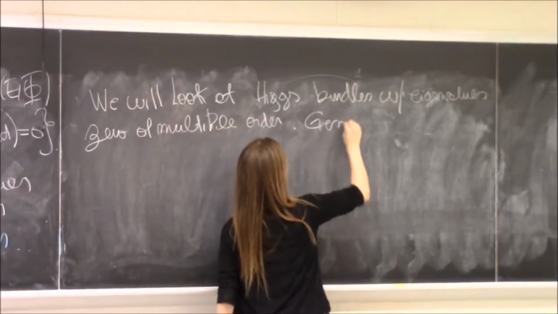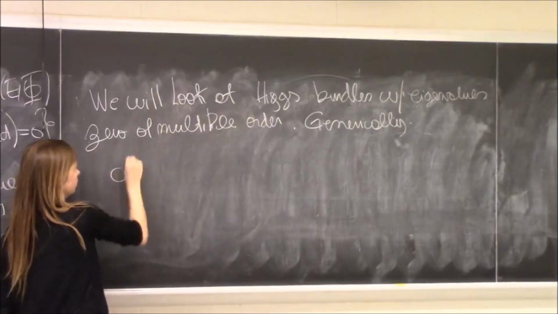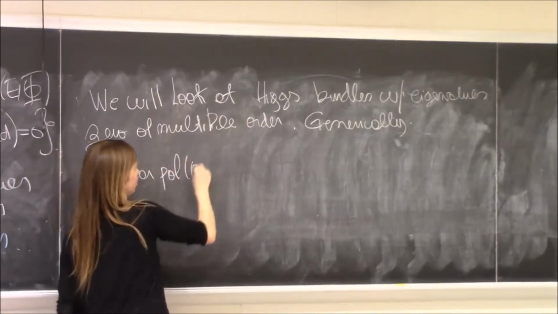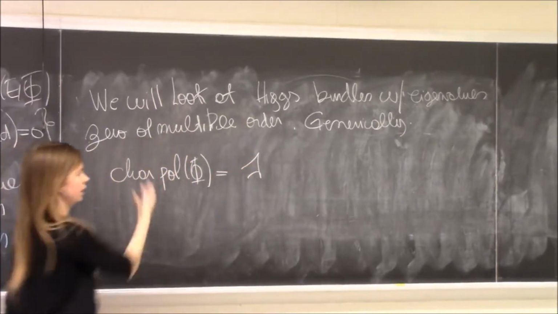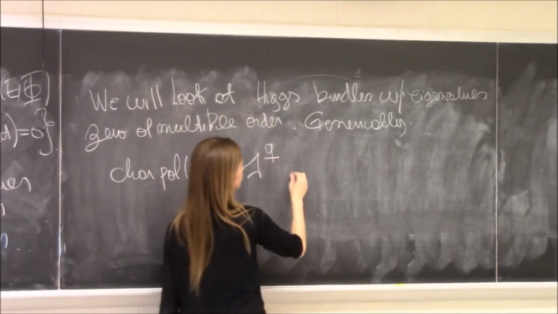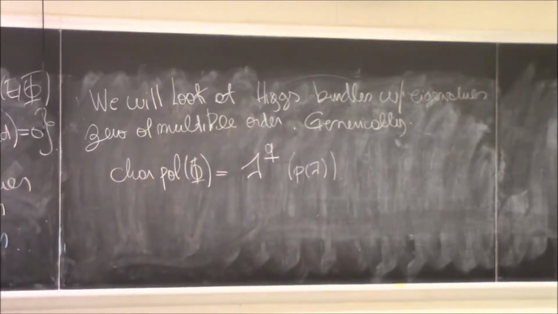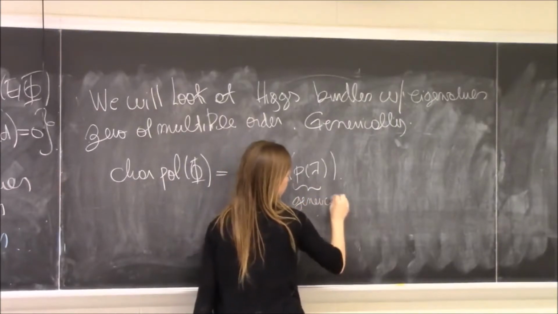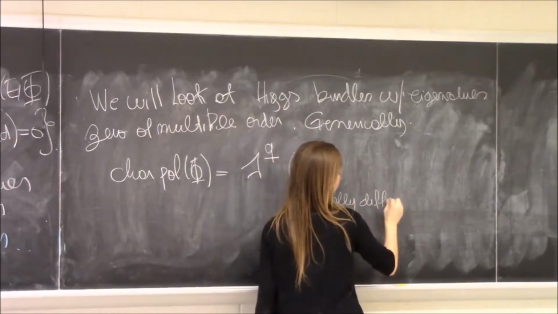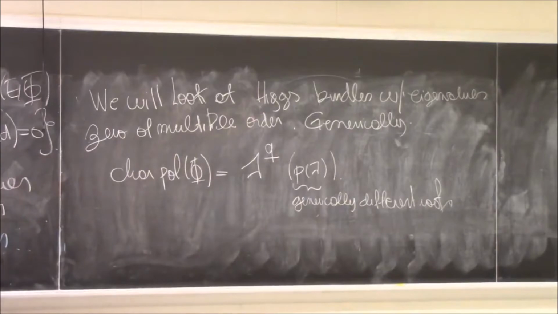So generically, the characteristic polynomial of phi will be some lambda to some power, whatever the power of that eigenvalue 0 is, times a polynomial p of lambda, which in principle will have generically different roots.